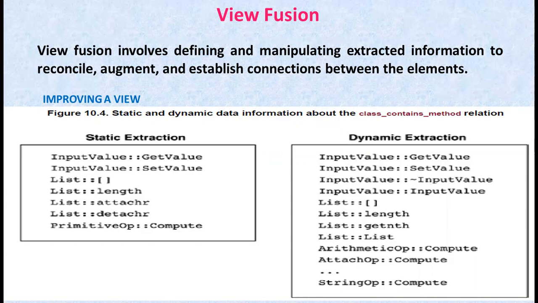So to get an accurate view of the architecture, we need to reconcile the primitive OP static and dynamic information. To do this, we perform the fusion using SQL queries over the extracted calls and has subclass relations. So in this way, we can see that the calls to compute and to its various subclasses are really the same thing.